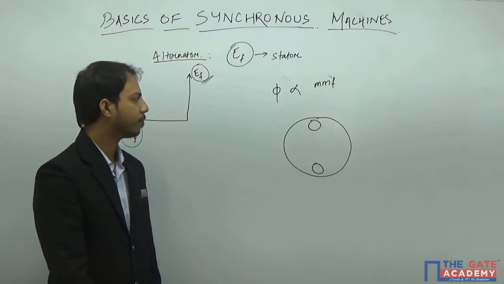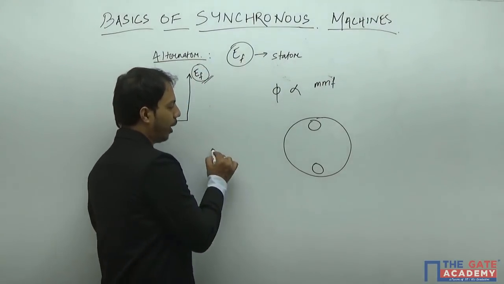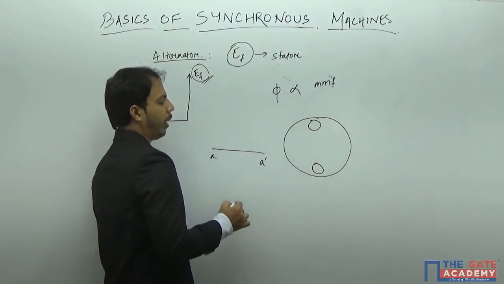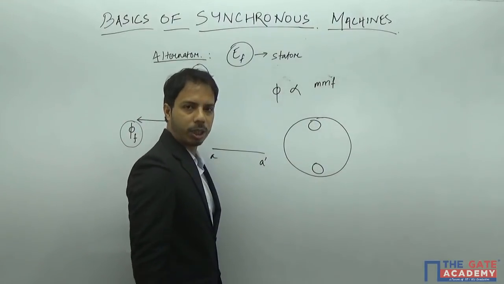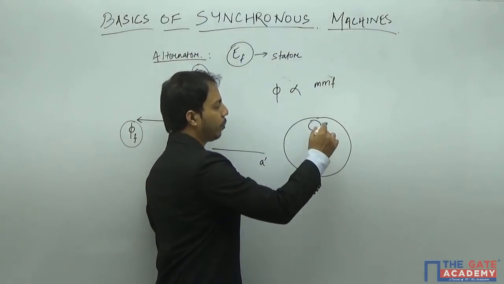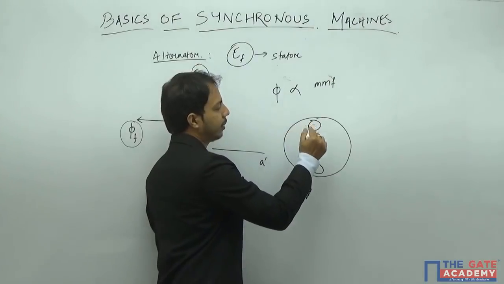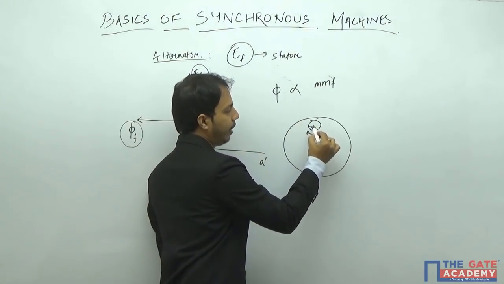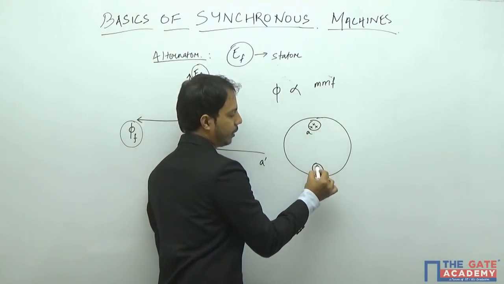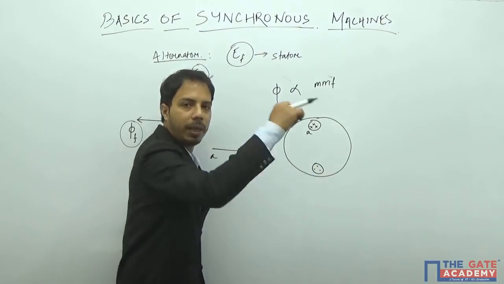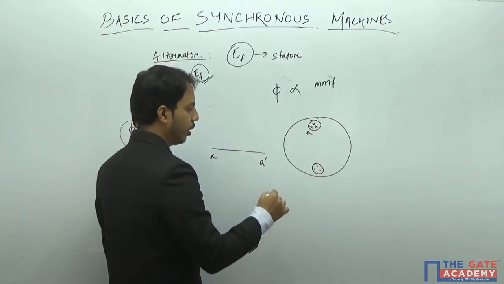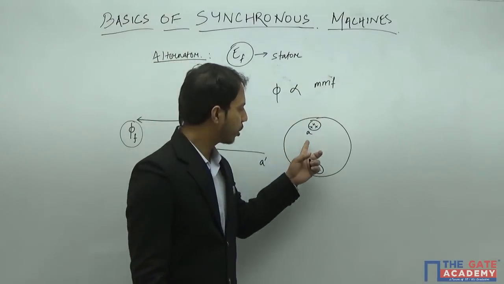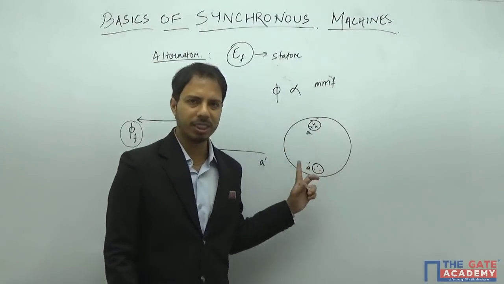I will take a coil A A dash and wind it on these two slots. I put A here, and then I have a certain number of turns. Suppose I make 3 turns, and then ultimately I get A dash here. So per slot I have 3 turns in this case.